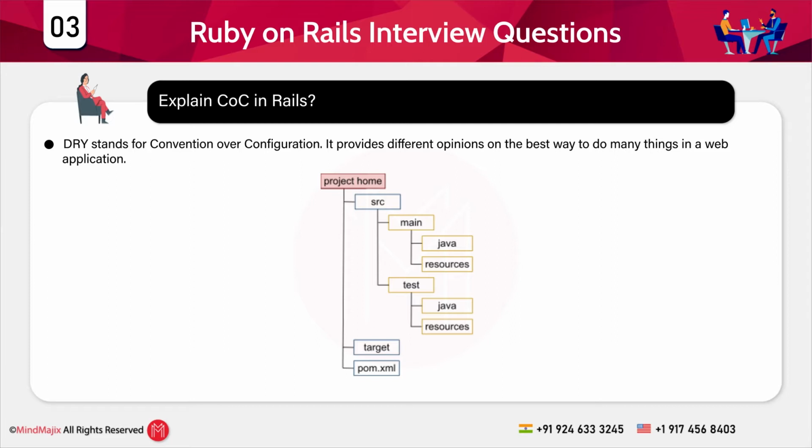In Rails, this concept is used because when we create any application, various files are created, and those files take names. For which files we should give what names, whether it should be plural or singular, all these conventions are followed by the Rails framework. It is nothing but convention over configuration.